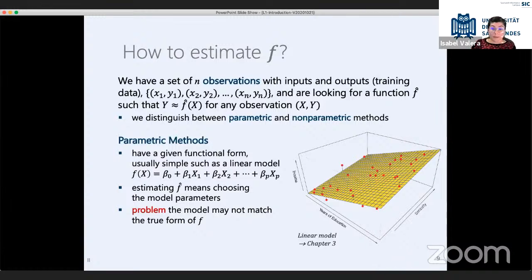So that is going to be very easy. But the problem that we might have here is that if we assume a parametric form that is not the right one, right? So if we assume that the model is linear, but our data doesn't have a linear relationship, our reducible error is going to be quite high.